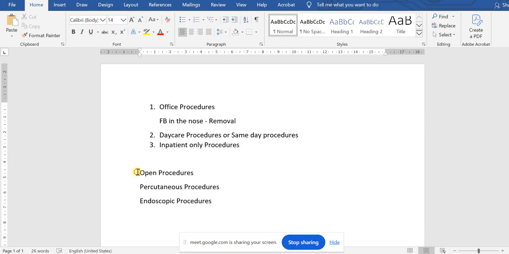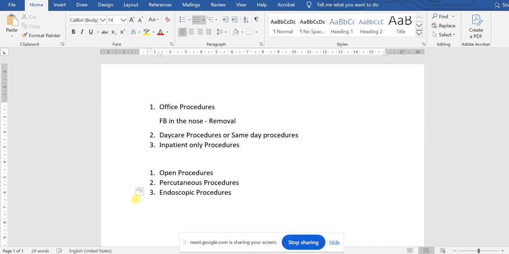So you should also understand, if a procedure is done, what type of procedure is it? Is it open procedure or endoscopic or percutaneous? I'm sure you know the difference. We're going to see these types of procedures afterwards, right?